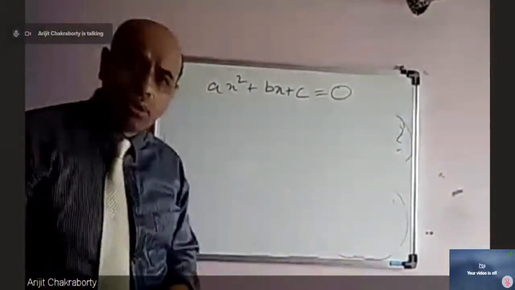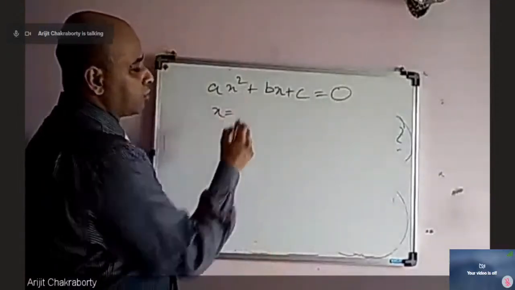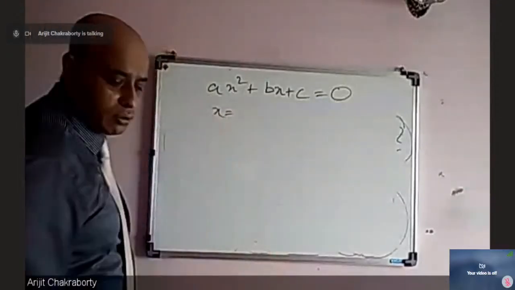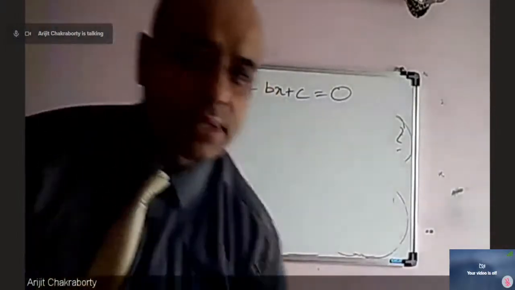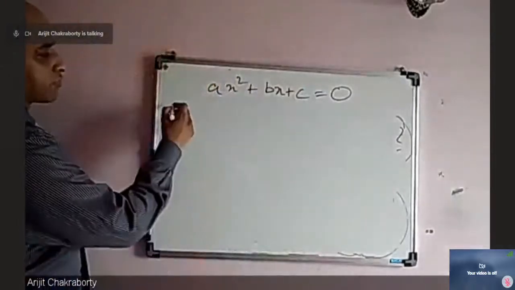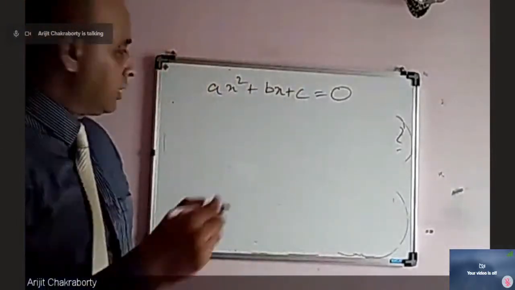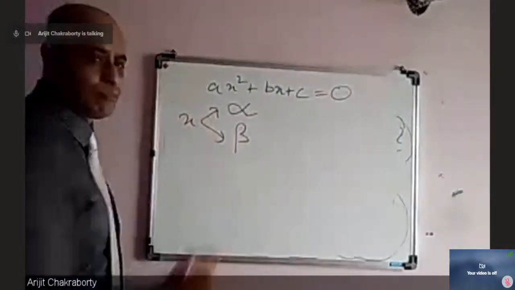And we did it last day that x will have 2 values, because x has the power of 2. Let us call the two values alpha and beta.